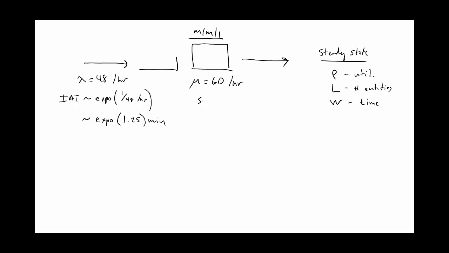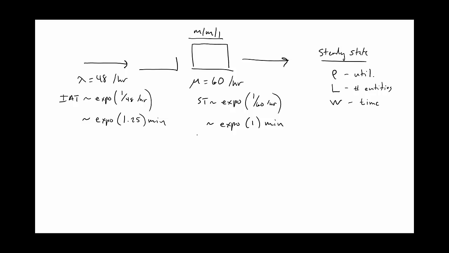Similarly, our service times are also exponentially distributed with a mean of 1 over 60 per hour. Again, converting that to minutes, exponential with a mean of 1 minute. And so we can work in either time units that we want. We can either work in hours, where we have the 1 over 48 and 1 over 60, or we can work in minutes. We just have to make sure that we pick one or the other and that we're consistent.